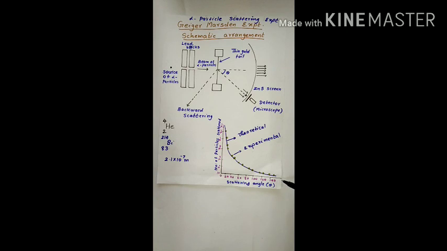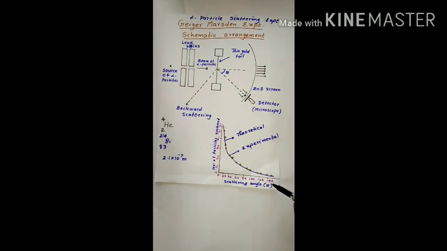Then at 180 degree, occasionally one alpha particle is deflected. That is, it rebounds from the gold foil. So the scattering angle is large, that is 180 degree. So these are the observations made by Rutherford from the experiment.